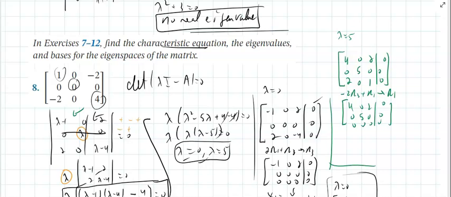So what does that mean? That means x3 is free. x2 is 0. And for x1, that is x3 divided by 2, and it's negative.